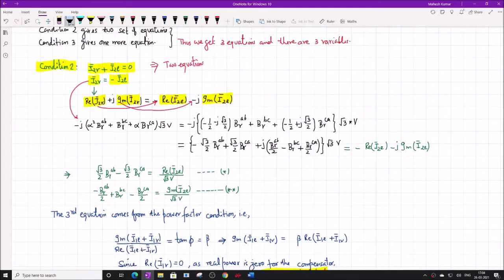This I2 gamma must be equal to minus j, because it is minus j here. So we are trying to simplify this expression. Minus j is here from this, and alpha square is minus half minus j root 3 by 2, into b gamma ab. This is the first term.